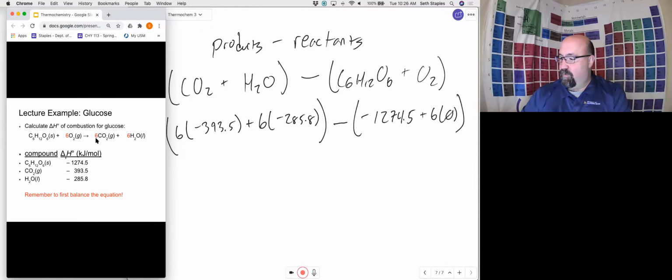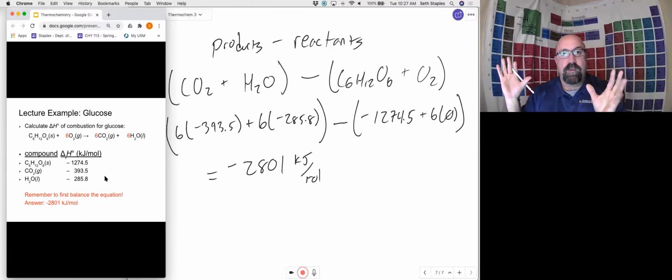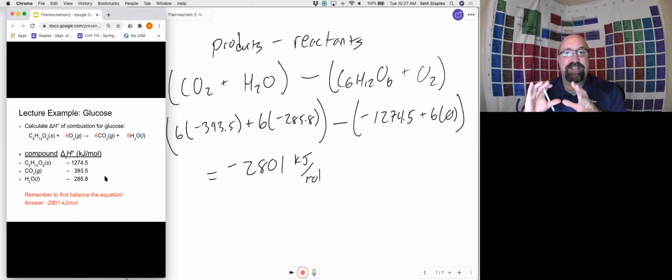So we go through and we do our math here. We add those up, and we get a value of negative 2801 kilojoules per mole. And so it's products minus reactants. That's all it is when you're using the heats of formation. Add up the heats of formation of all of the products, taking the number of moles into account, and then subtract the heats of formation of all of the reactants.